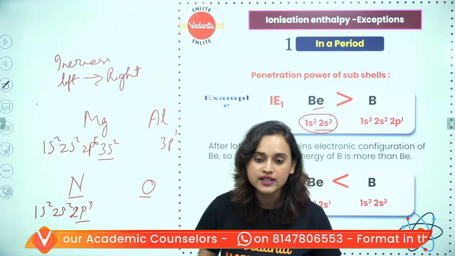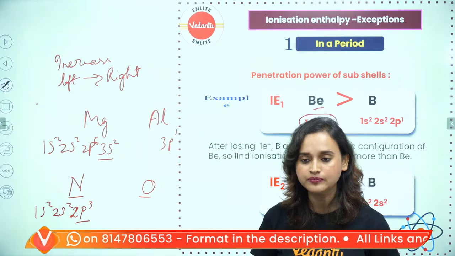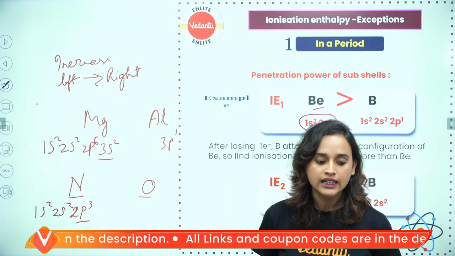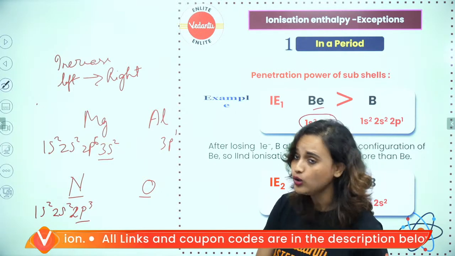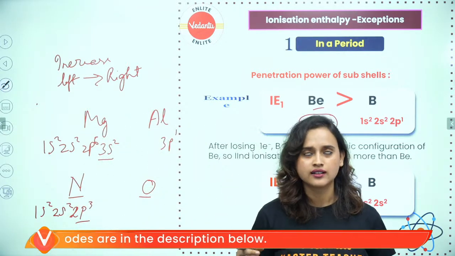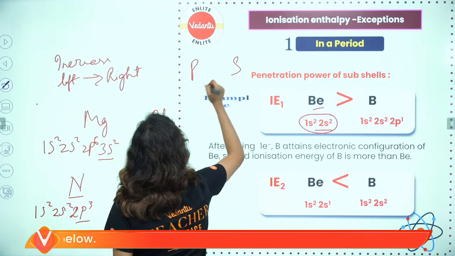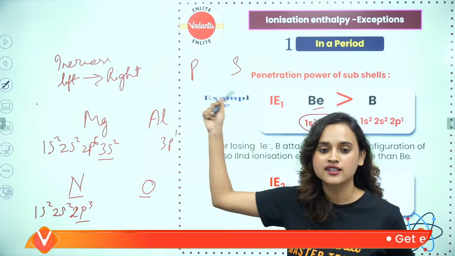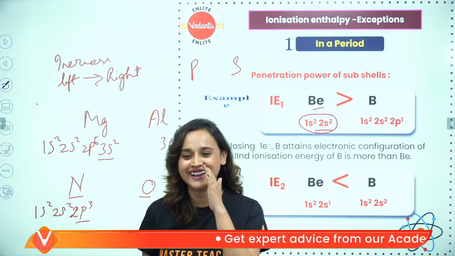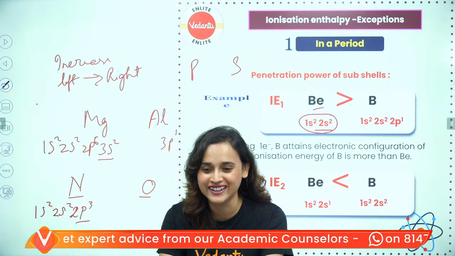So here also you will see the same phenomenon. Got it? Understood ionization enthalpy? Half filled p orbital. And one more you have is phosphorus and sulfur. Phosphorus and sulfur also show the same thing.